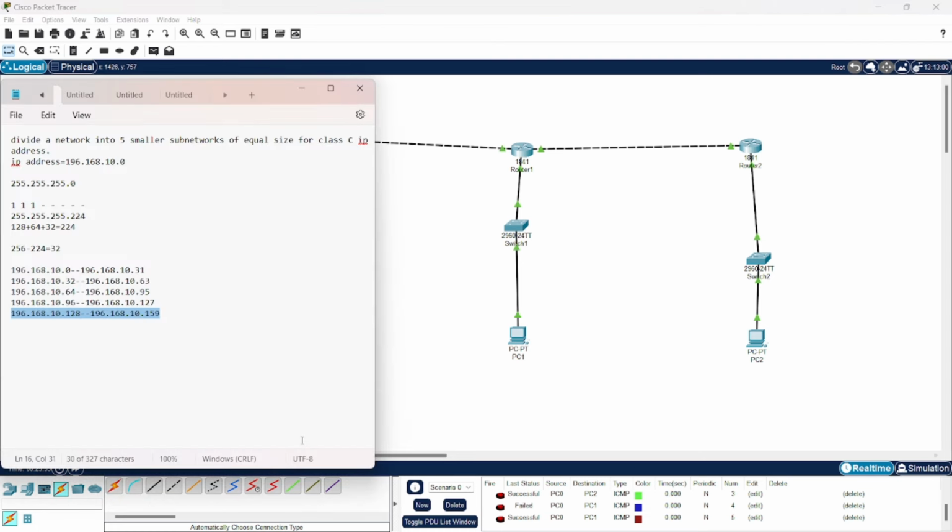One last thing that I would like to discuss is, suppose we had the same question, but we had to divide the IP address into three smaller subnetworks.